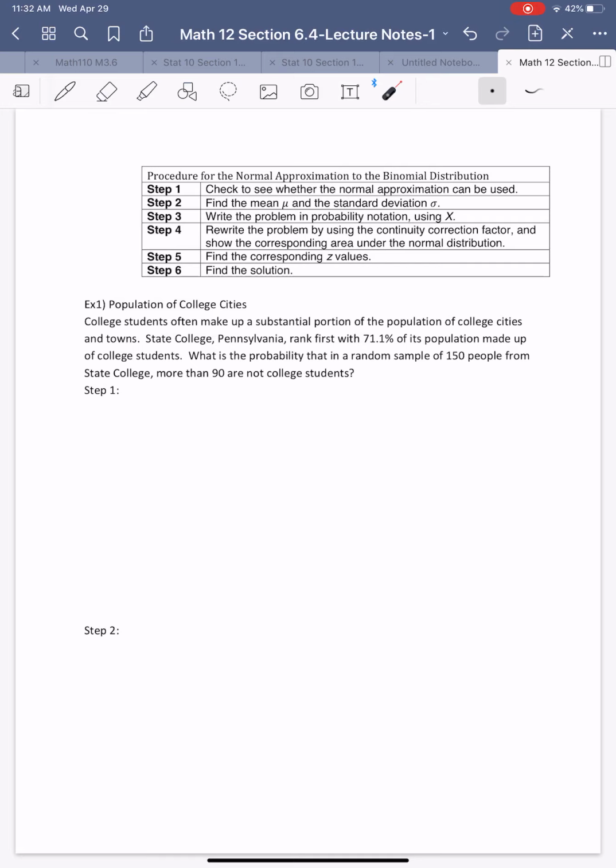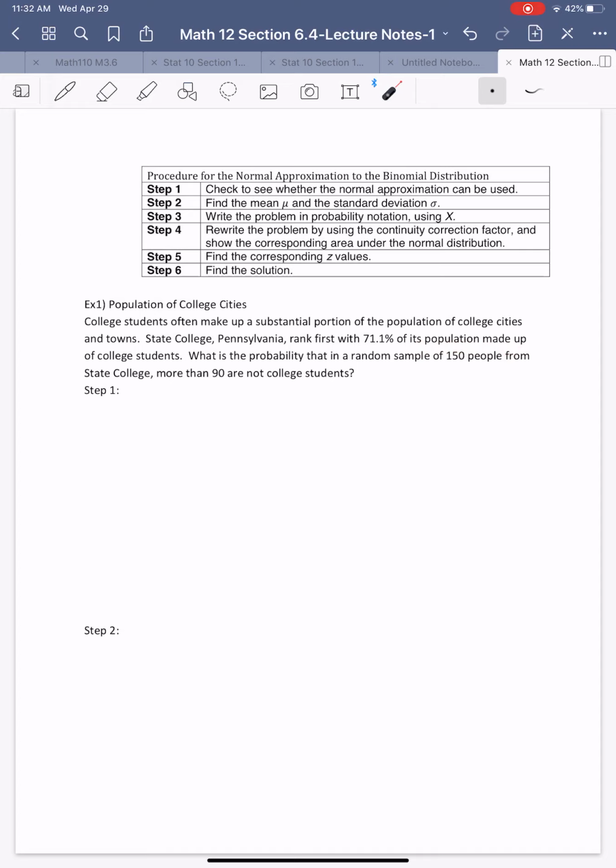All right, let's look at the problem. Population of college cities: college students often make up a substantial portion of the population of college cities and towns. State College, Pennsylvania, ranked first, with 71.1% of the population made up of college students.